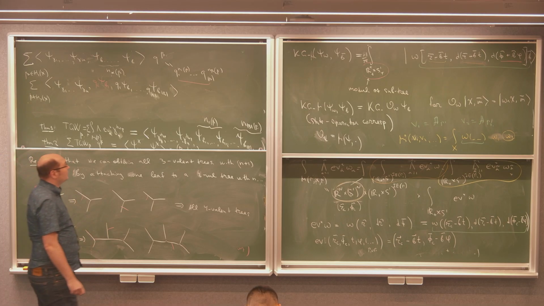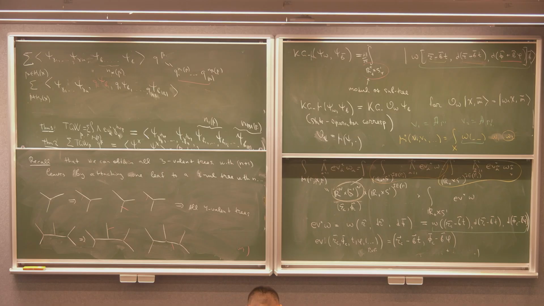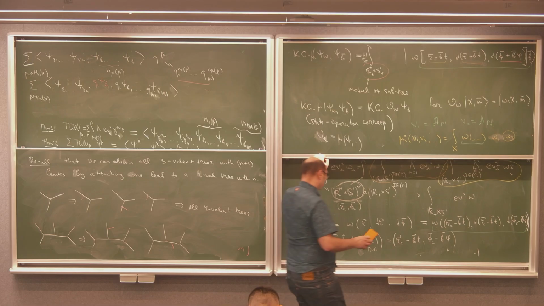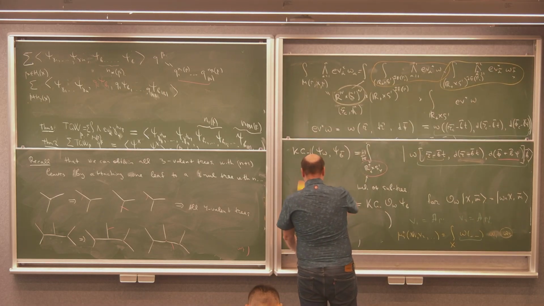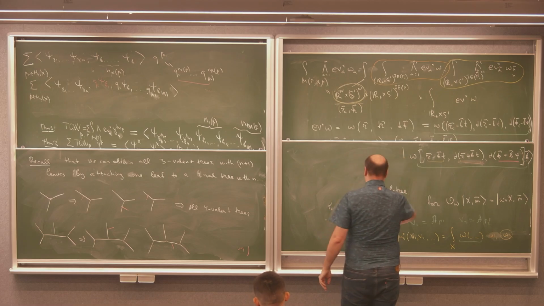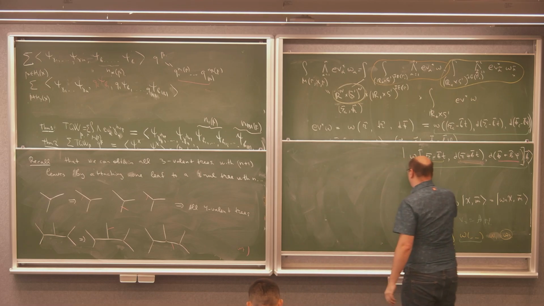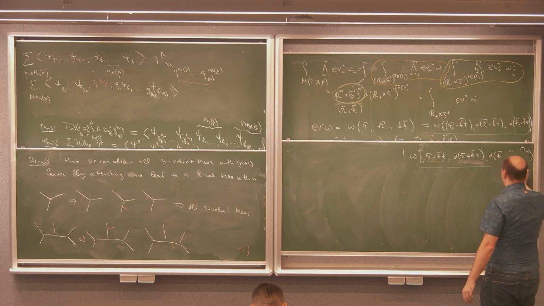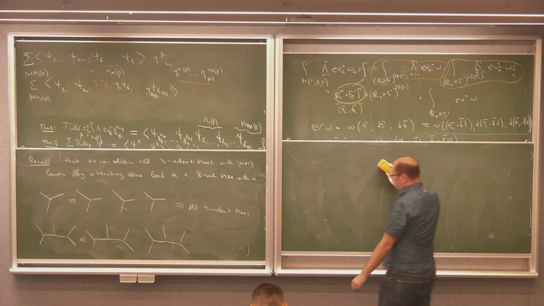So therefore, in our sum, let us do the following thing. We have 2 types of states: state psi gamma, and state psi b.